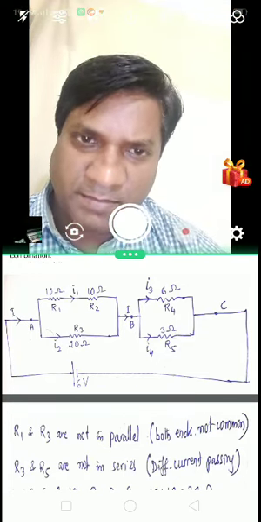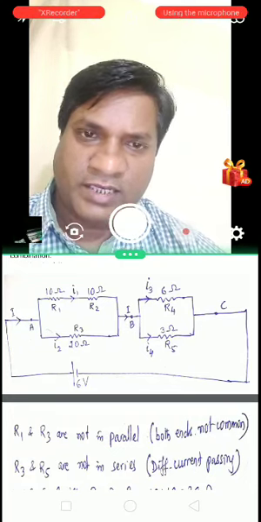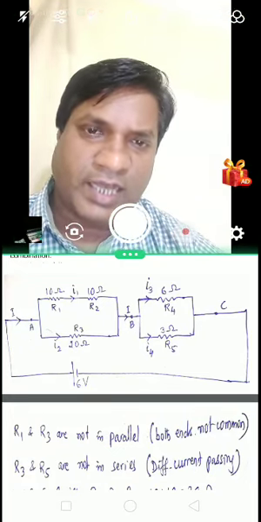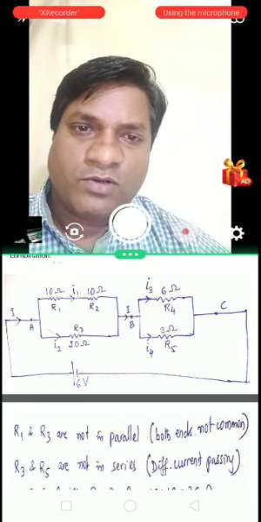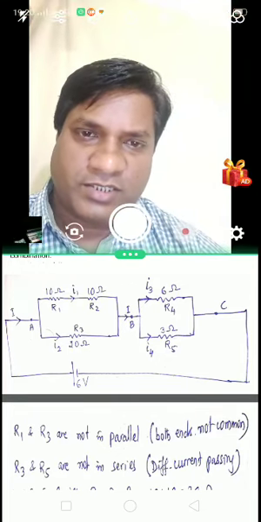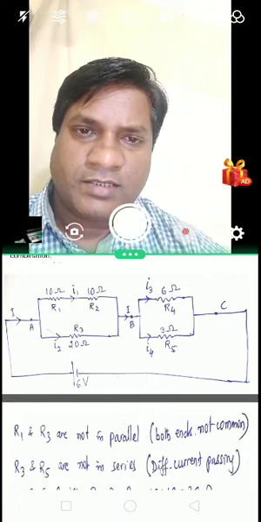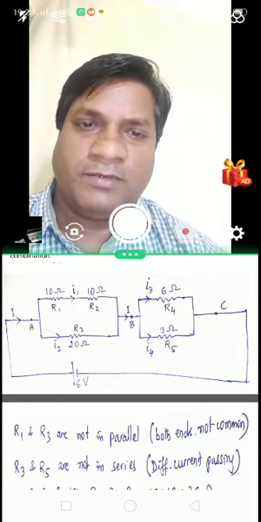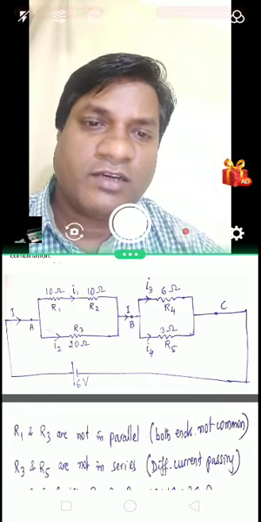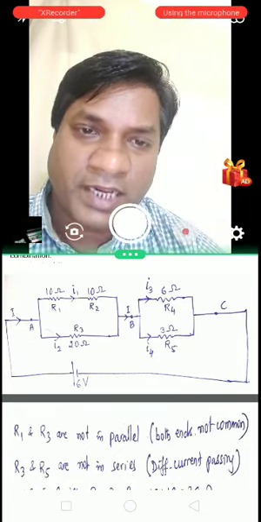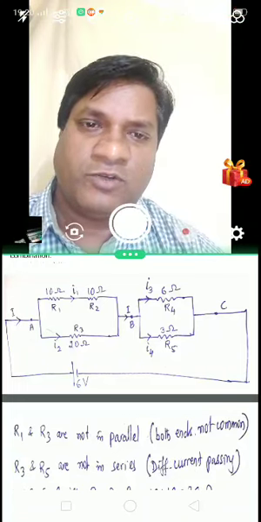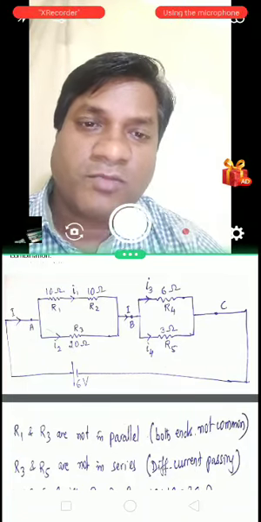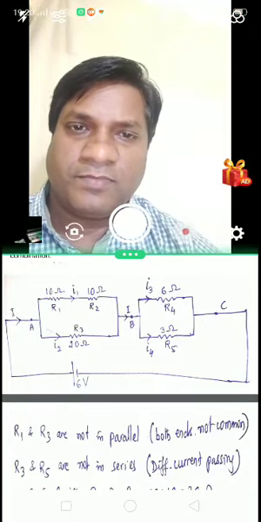Now in the diagram I have named the current to be I3 and the total current of the circuit to be I. So you see the second part, where 6 ohm and 3 ohm are connected in parallel. The total current passing through the parallel combination of 6 ohm and 3 ohm is I, whereas the current passing through the 6 ohm only is I3.